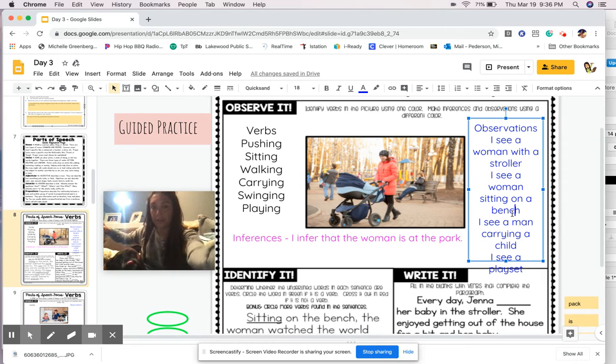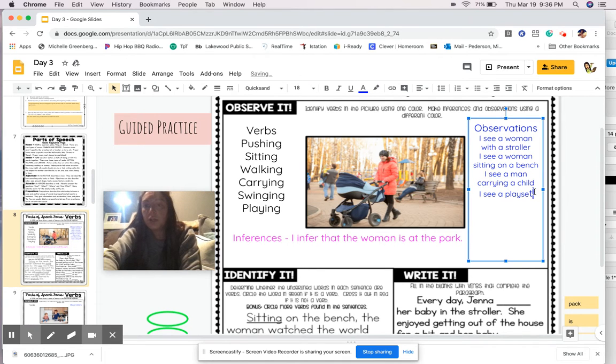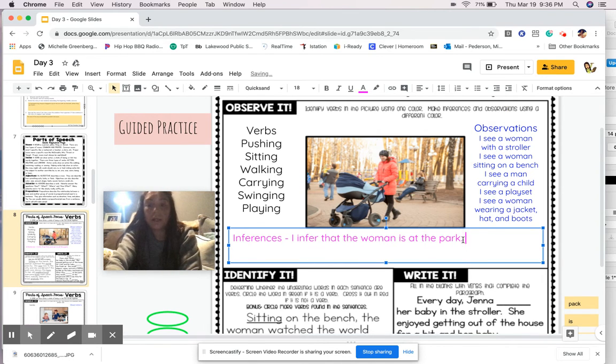In my text box, I'm going to select all, and then I'm going to change my font to maybe 14. Okay? So then I can add, I see a woman wearing a jacket, hat, and boots. So now I infer the woman's at the park. I infer it is cold out. Okay, based on what we're seeing.